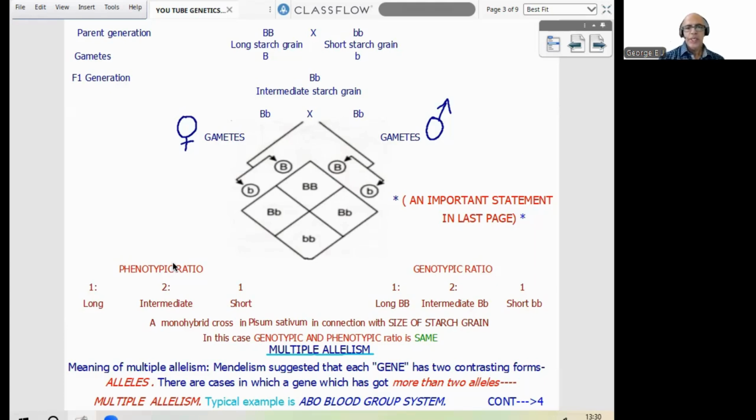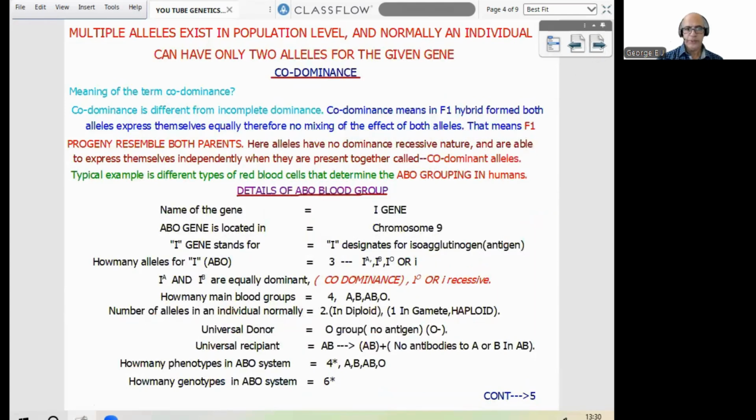A typical example is the ABO blood group system. I think up to that it is clear. Now we can proceed to the next page. Multiple allelism acts only at the population level, and normally an individual can have only two alleles for a given gene. So multiple alleles occur in a population, so it can be connected with population ecology and evolution also.